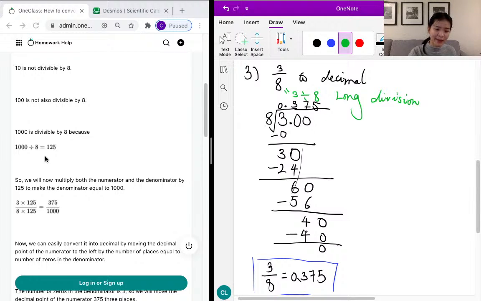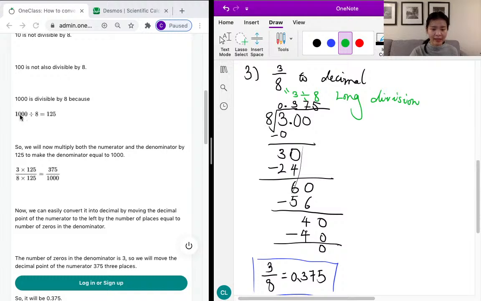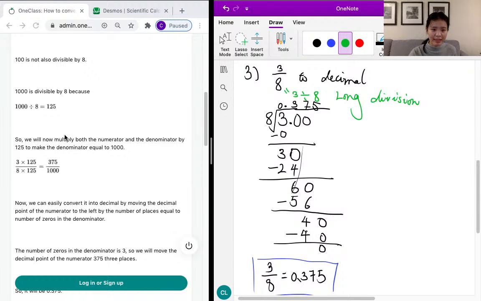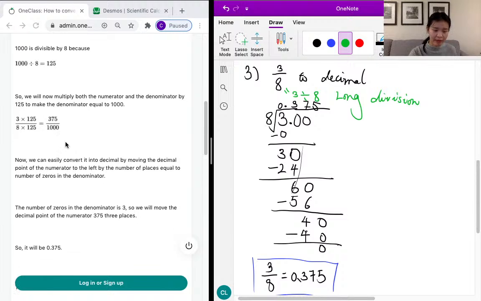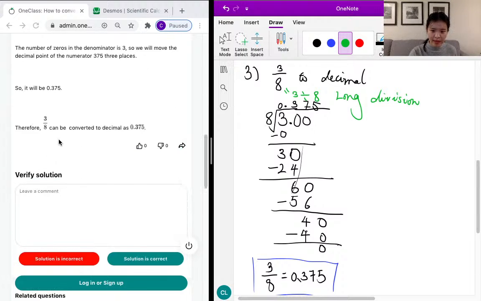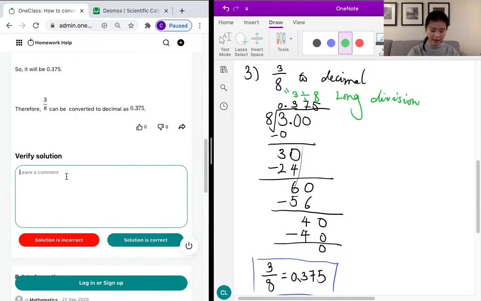It might not be as straightforward to see that 1,000 divided by 8 is 125 if you don't have this memorized. Okay, so we have the same answer, and this solution is correct.